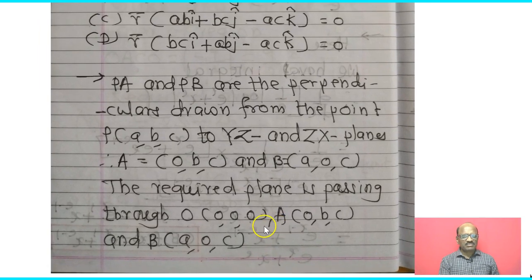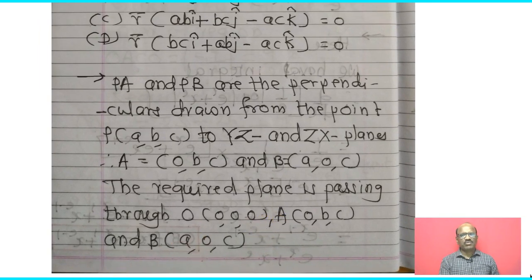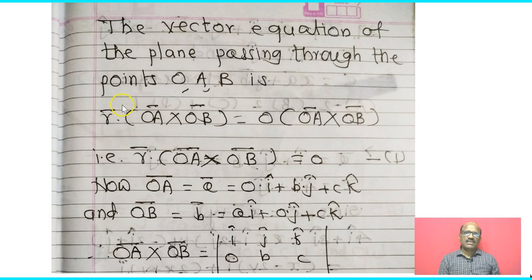Now the plane passes through these 3 points. The vector equation of the plane passing through the points O, A, B is r bar dot in bracket OA bar cross OB bar equals 0.